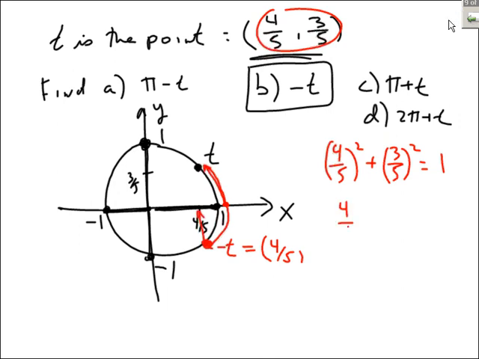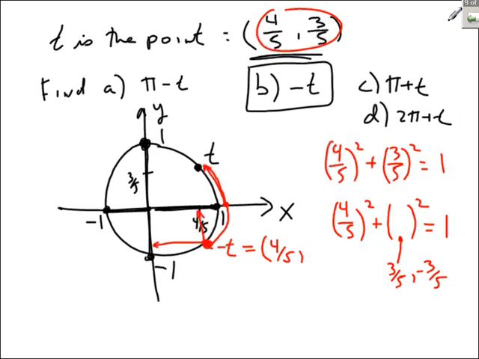I know x is 4 over 5, and I square it. The y value I don't know, but I know when I square it and add it to 4 over 5 squared, I'm going to get 1. Well, there's only two possible numbers that could go there. Either 3 over 5 or negative 3 over 5. Since the y value is negative, it's going to be negative 3 over 5.